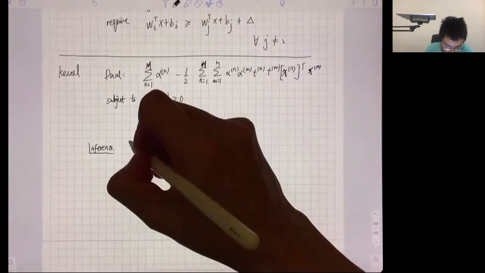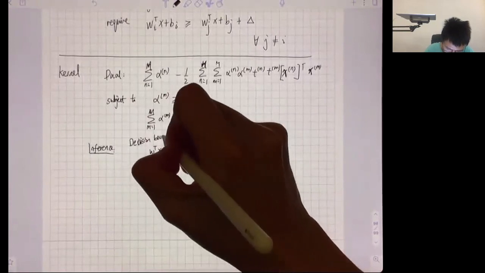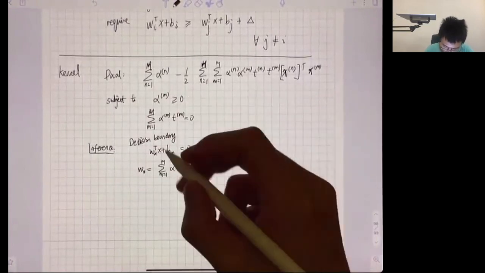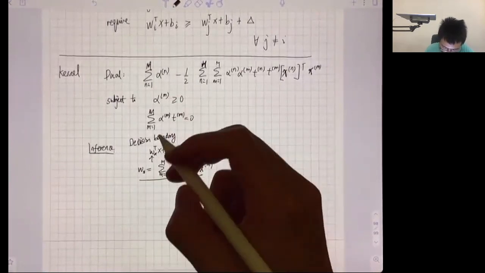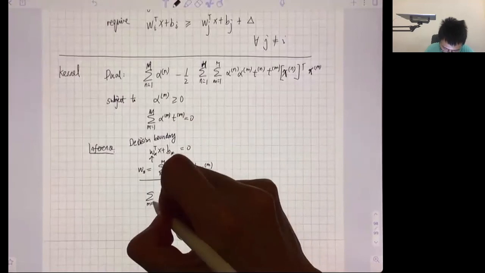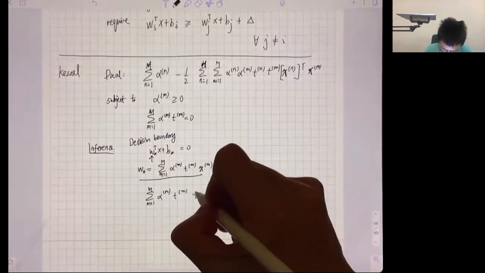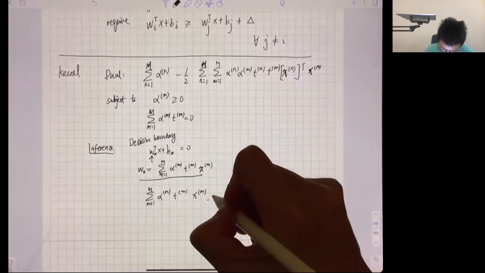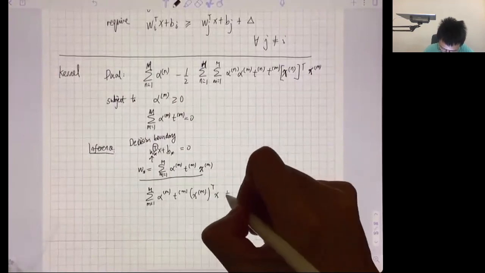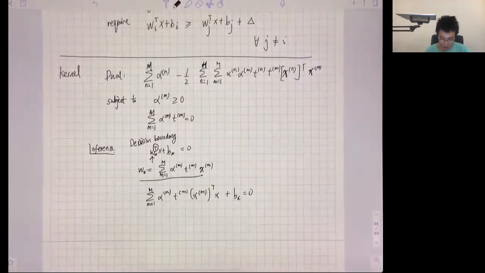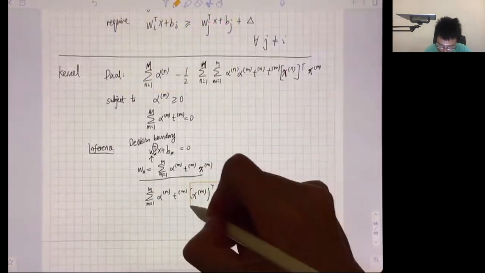So this is the decision boundary. If you put W into this equation, then you will have the summation over m, alpha_m t_m x_m transpose, because you have a transpose here, X plus B, for some B. And again, it only cares about the inner product of your data.